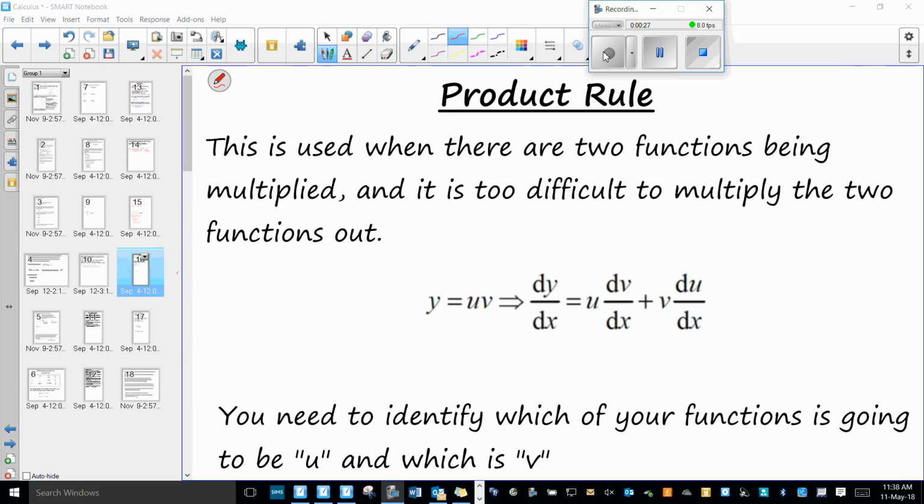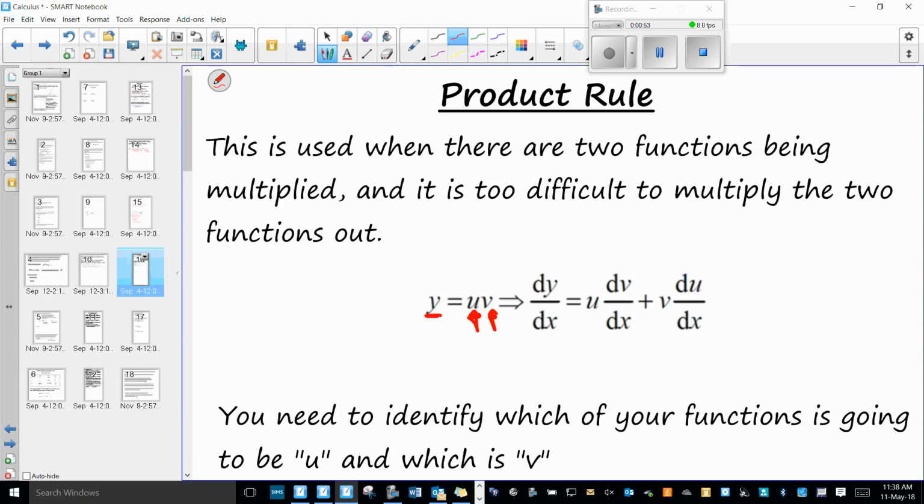So what they're saying is that your function y is two things multiplied together. They've called one of them u and they've called one of them v. Now this is where we are going to use this method. We are going to call one of them u and one of them v, because it's also going to get you into good habits when we look at the next rule, which is called the quotient rule.